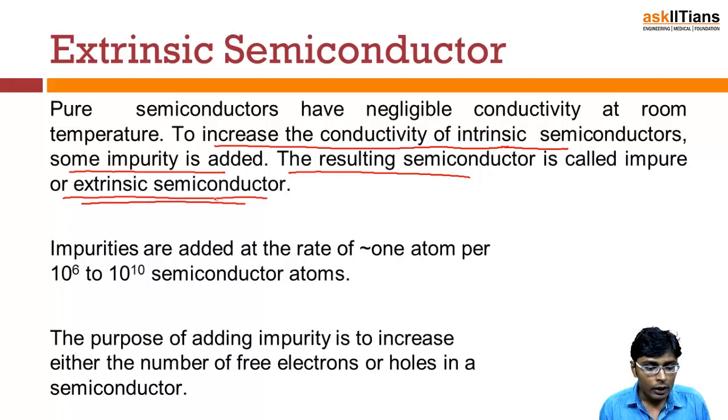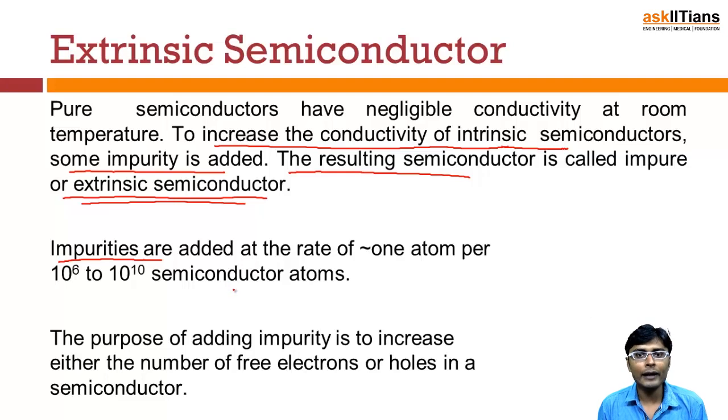Now let's see the impurities which are added. There is a specific concentration in which we add the impurities. They are added at the rate of around 1 atom per 10 raised to power 6 to 10 raised to power 10 semiconductor atoms. If the semiconductor is silicon, we are talking about silicon atoms; if it is germanium, we are talking about germanium atoms.